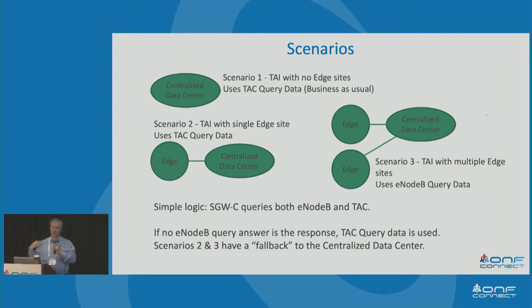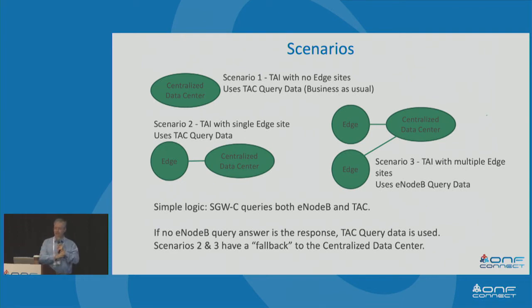There, what we'll get back when we get the queries is both the response from the TIE query, because that's our default location, and an enode-b specific response. So what we want is the enode-b edge site to be selected first, and then we'll run with that. And if the selection match doesn't work out, we default back to the centralized data center.